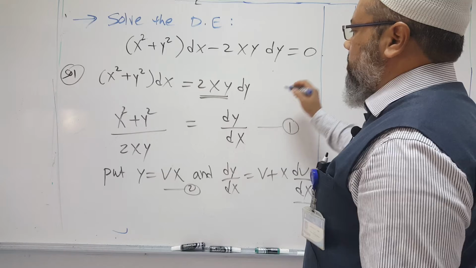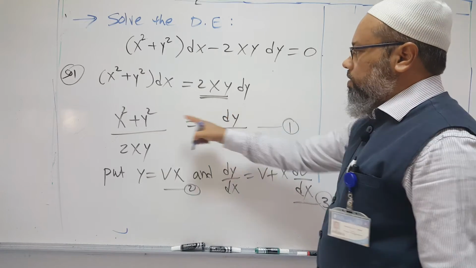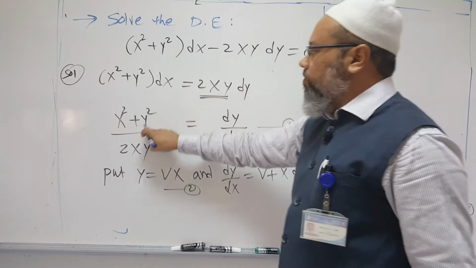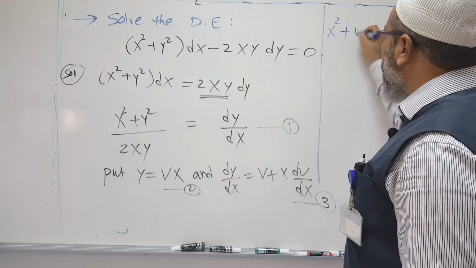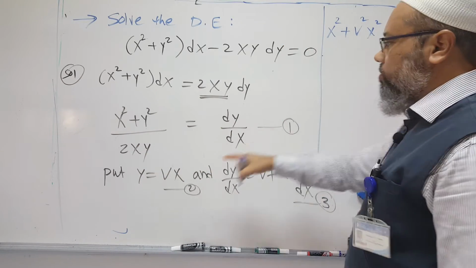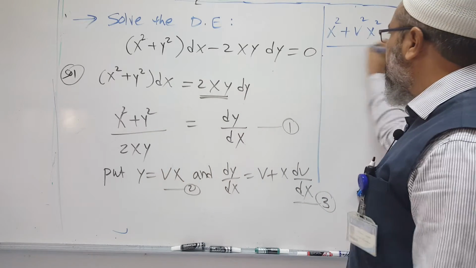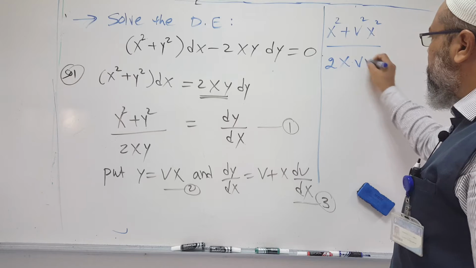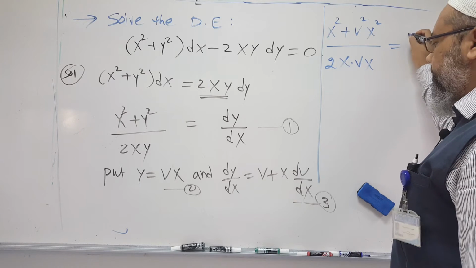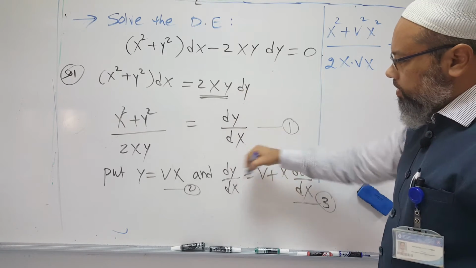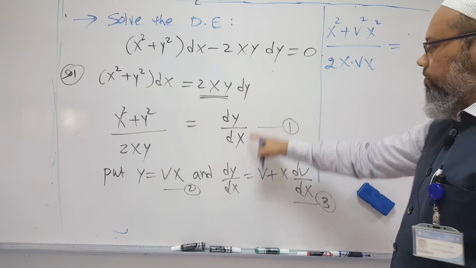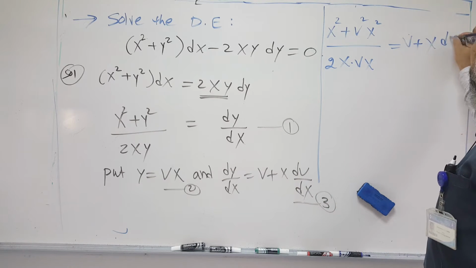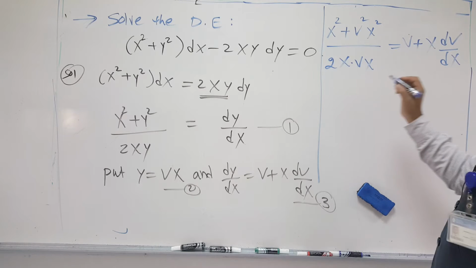So equation 1 is changing like this: x square, this y is vx, so v square x square, because square is there, divided by 2x, this y is vx, and right side dy by dx. Dy by dx is, as we see here, v plus x dv over dx.